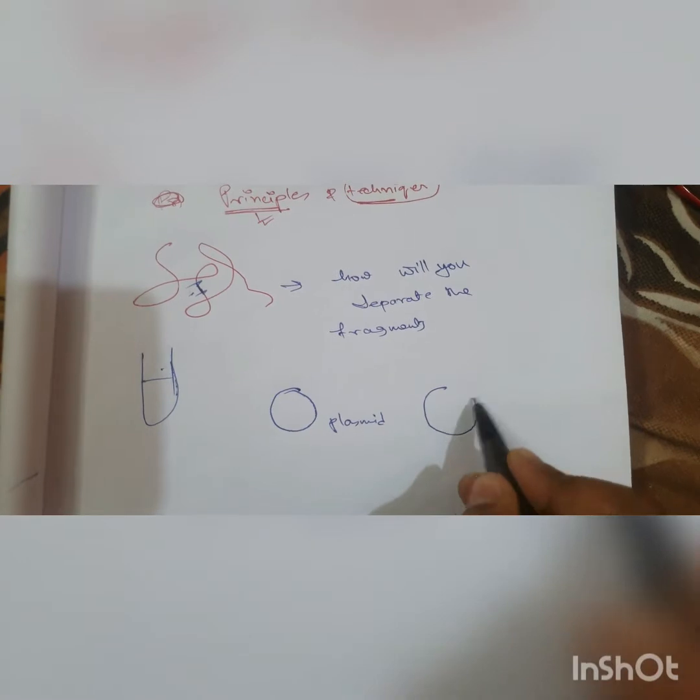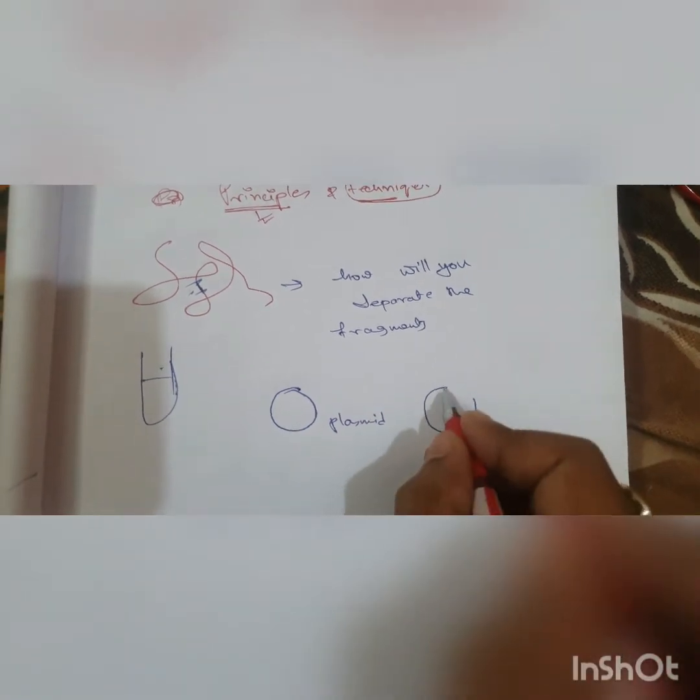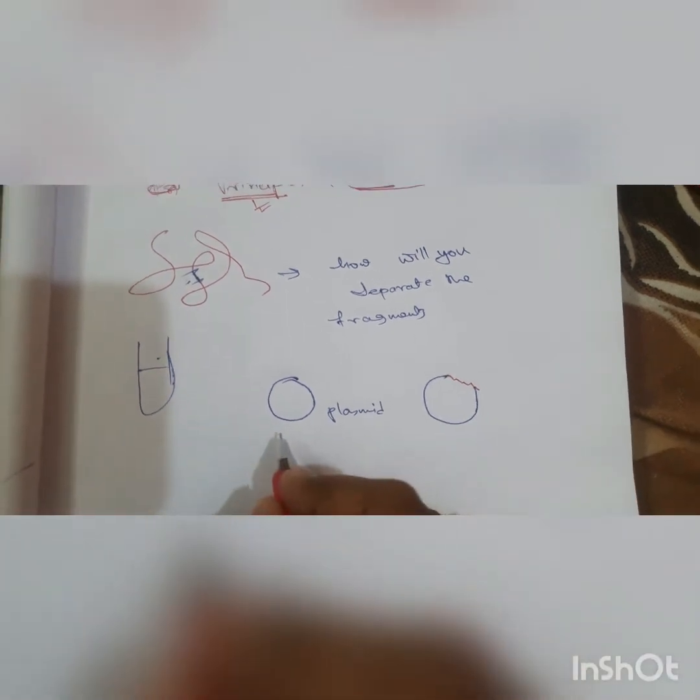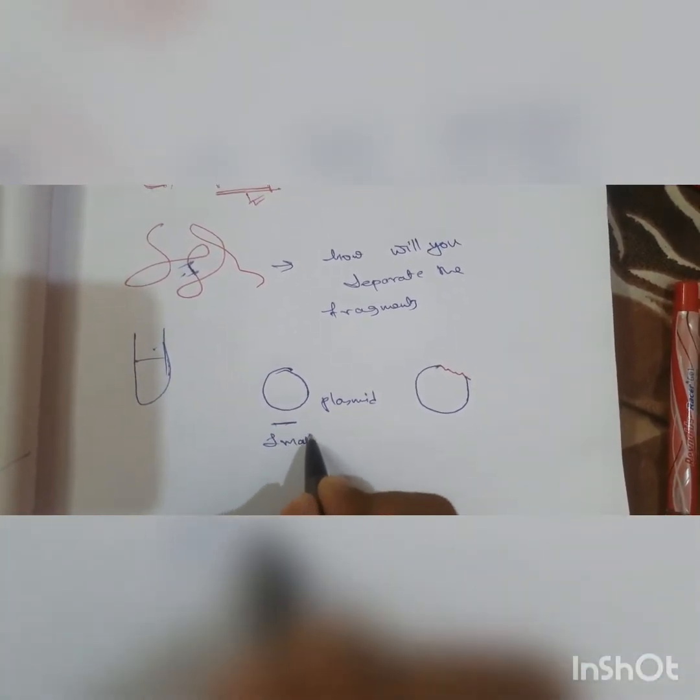Suppose for example there is a vector or a plasmid which is normal. There is a plasmid which has taken up the target gene. This plasmid is a little bit small in size, this is a little bit large in size. So how will you separate them?